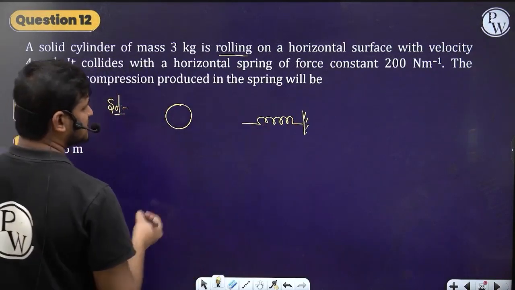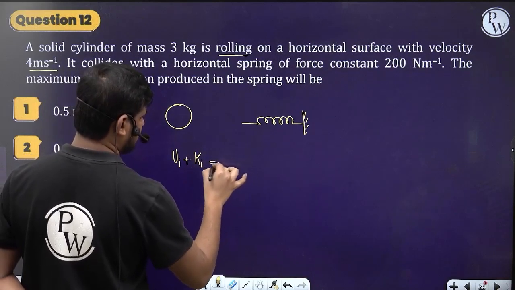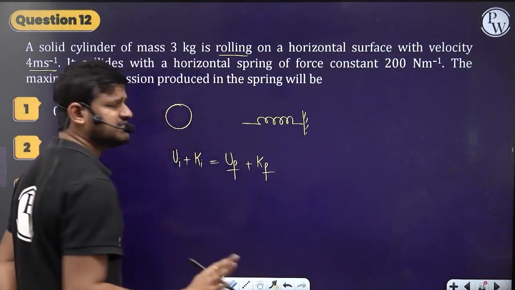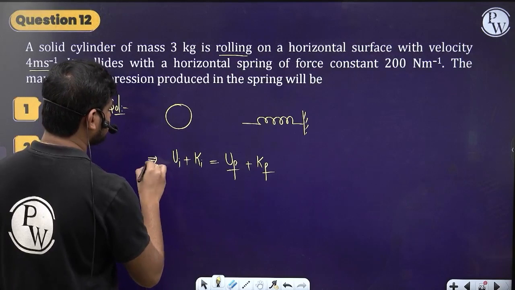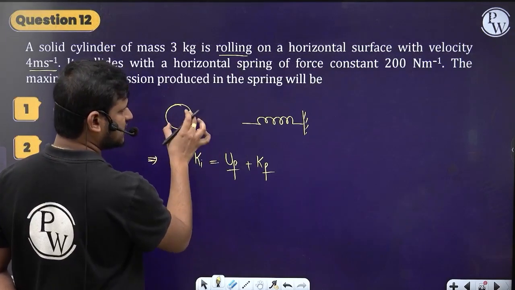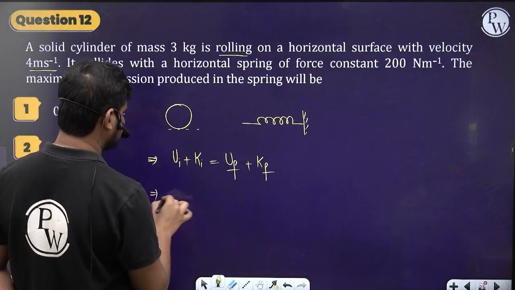Obviously you can apply the conservation of mechanical energy here. The initial potential energy plus initial kinetic energy is equal to final potential energy plus final kinetic energy. Simple concepts. So what's the initial potential energy? If you consider this as the ground, it is on the ground and the spring is uncompressed initially, so initial potential energy is 0.